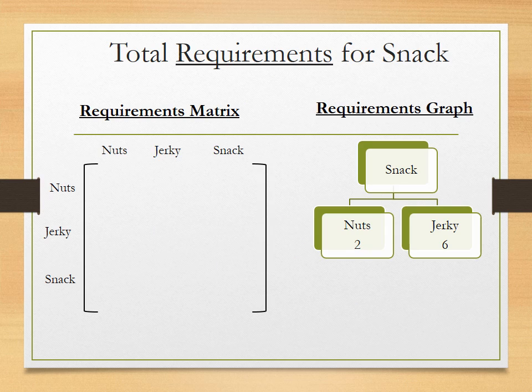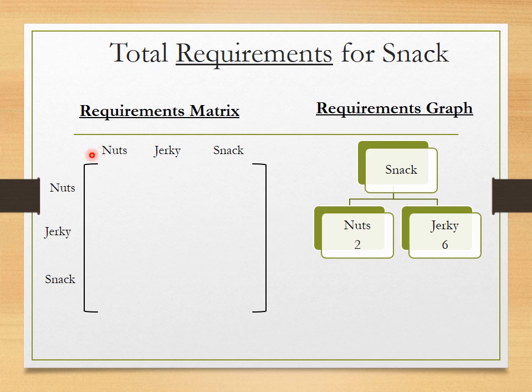So now let's put our requirements graph and our requirements matrix together. So we want to take our requirements matrix and fill it in based on our requirements graph. So let's take a look at the requirements graph. What do we have available? Well, we have snack packs, we have nuts, and we have jerky. So those are the things we want to list at the top of our matrix for each column.